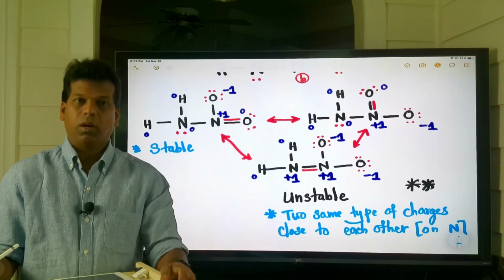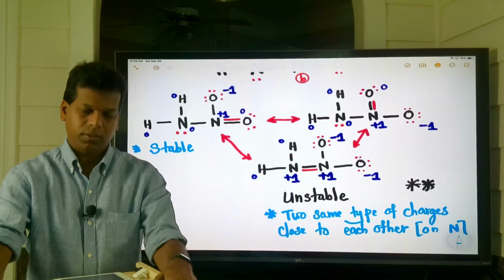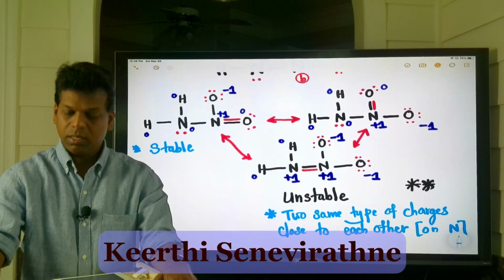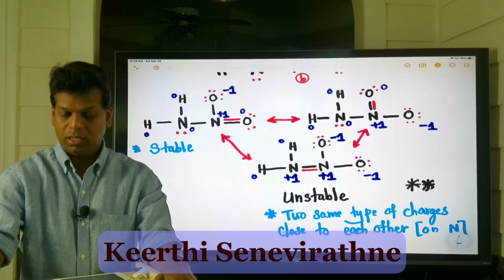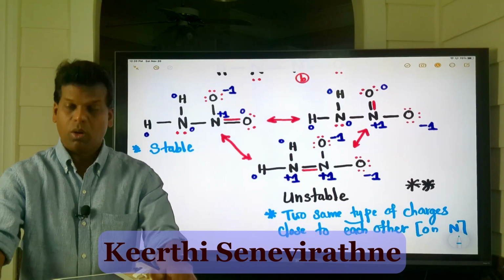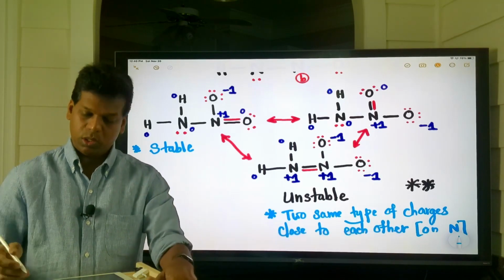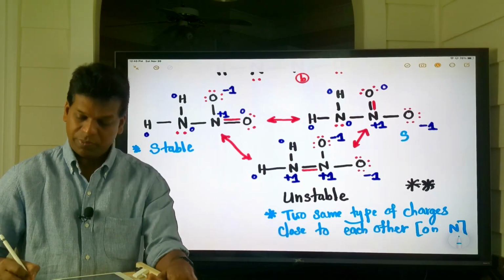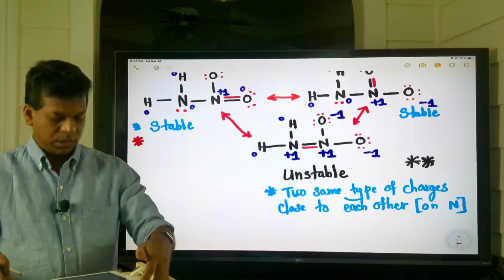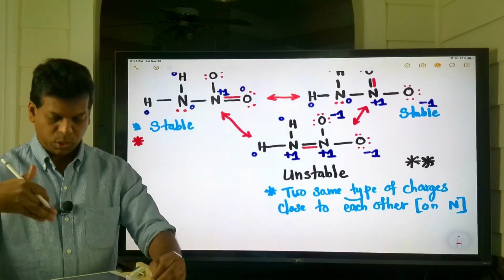Because the opposite charges are close to each other. If you look at the second structure, it is similar, right? Nitrogen has +1, oxygen has -1, so the opposite charges are close to each other. So this is stable as well. If I write this in words, you will realize this when you read the notes.